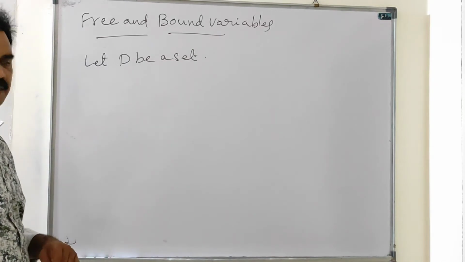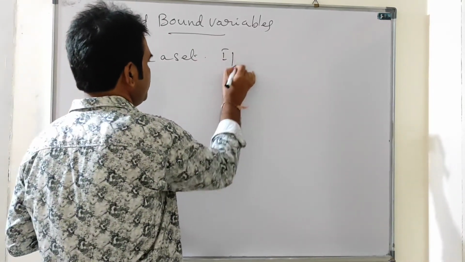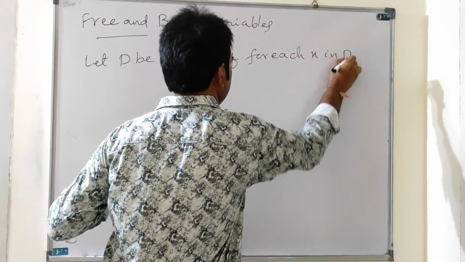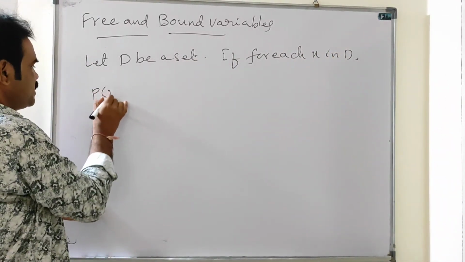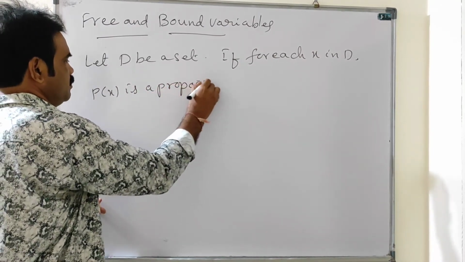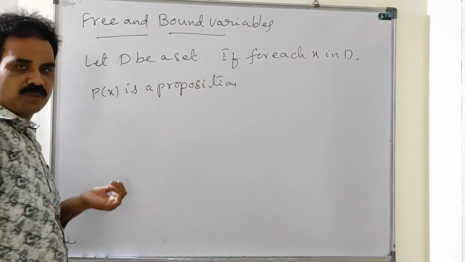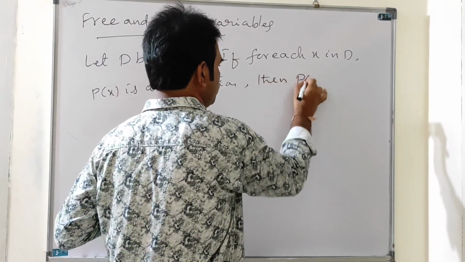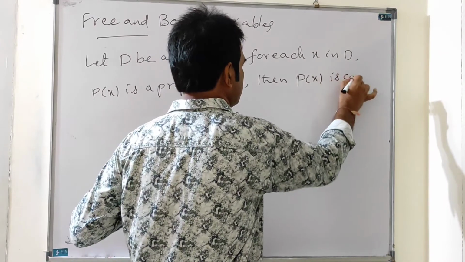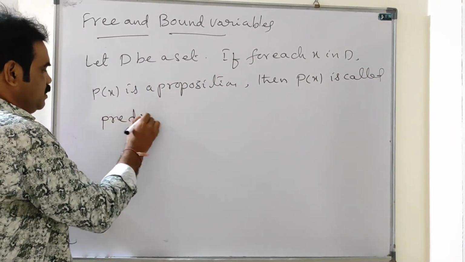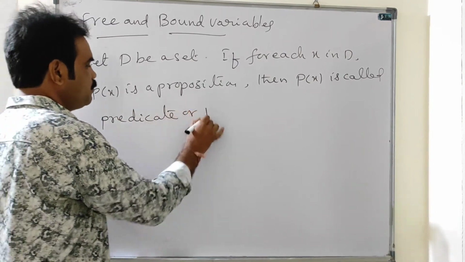If for each x in D, P of x is a proposition, that means P of x is true or false, then P of x is called a predicate or propositional function.